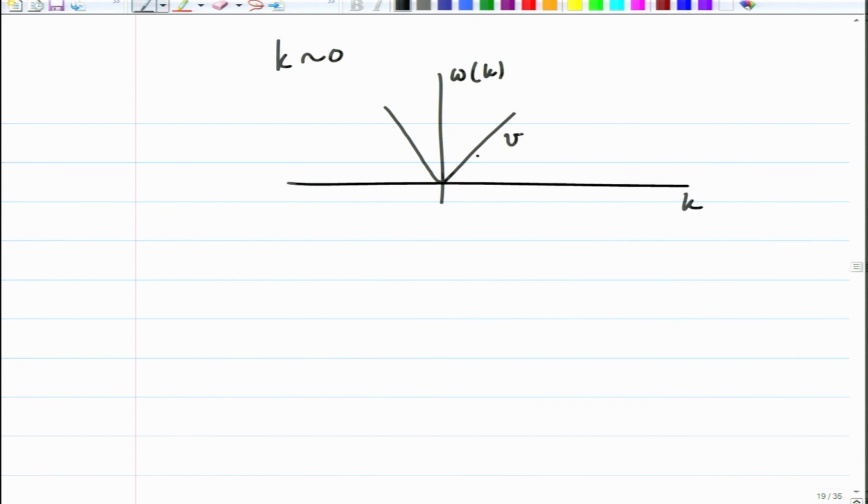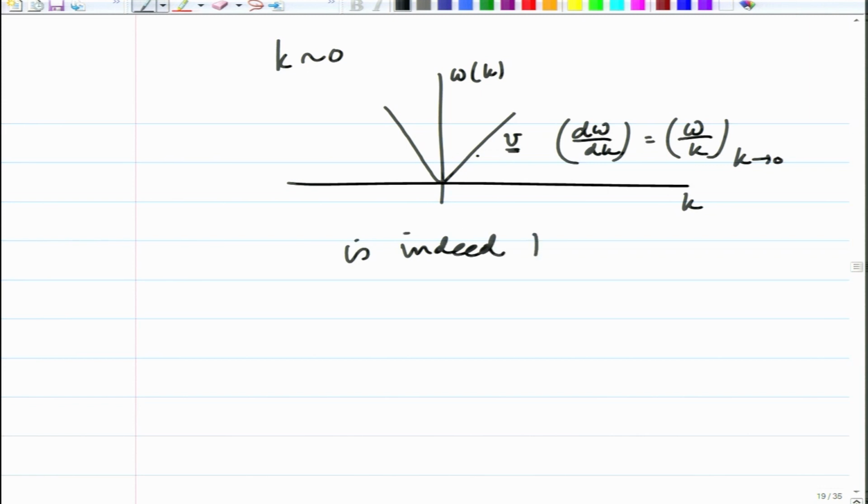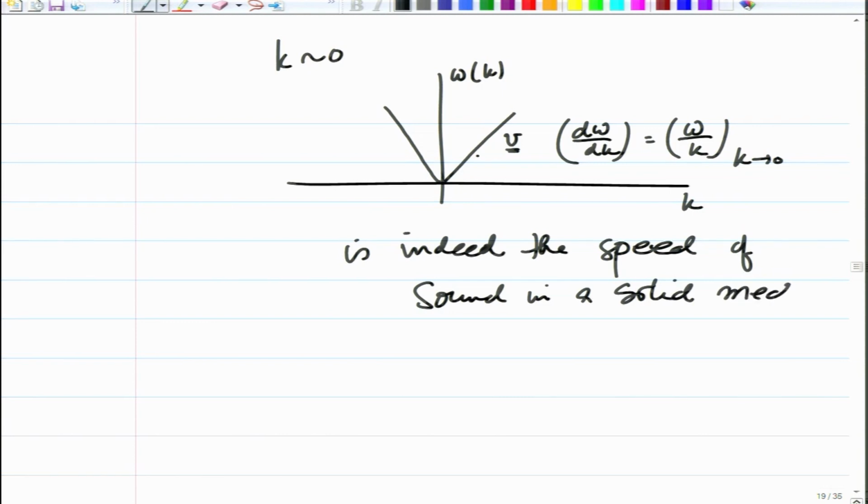So, it indeed describes this v or d omega by dk or omega by k for k tending to 0 is indeed the speed of sound in a solid medium. Let me convince you of that by a different argument.